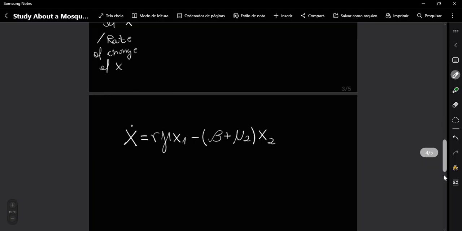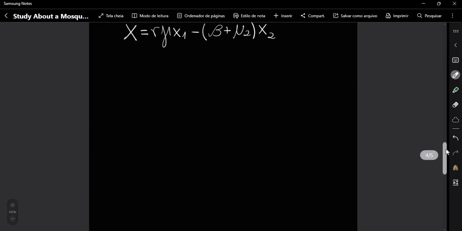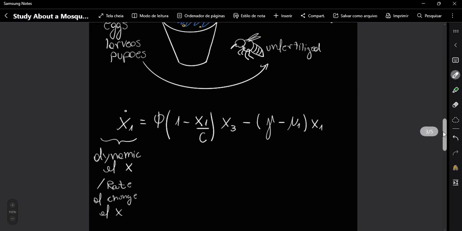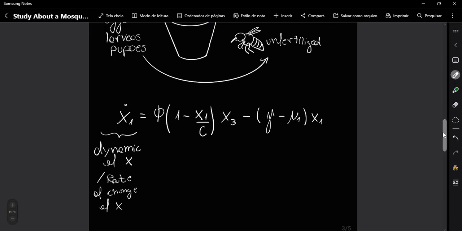So right here we got this. We are still elaborating this model, which is a nonlinear system, and in order to accomplish our goal, which is to control the mosquito population, we introduce into the model a control variable.